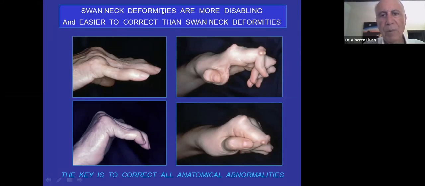So swan neck deformities are more disabling and easier to correct than boutonniere deformities like here. Boutonniere deformities are very difficult to correct, and it's more useful for the patient to have a finger like this than a finger like this. Sorry about this. This should say boutonniere right here.